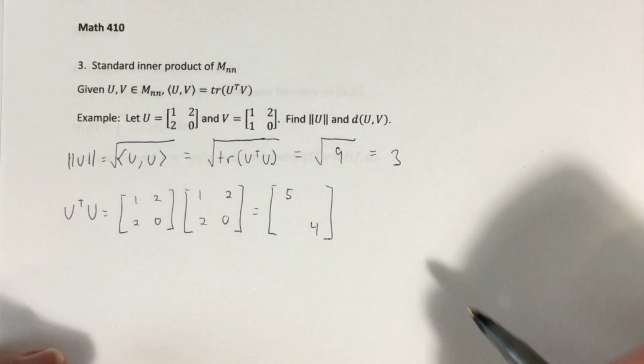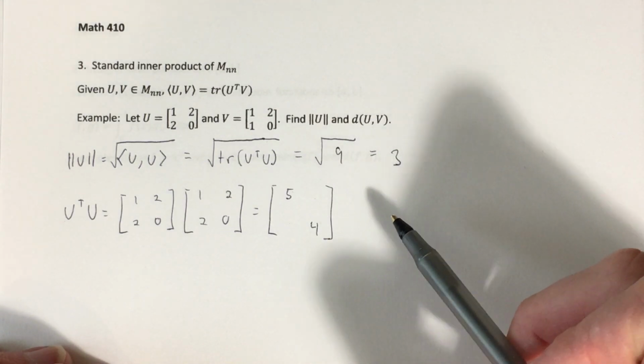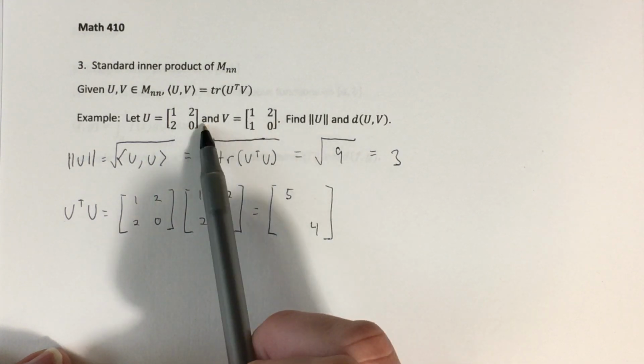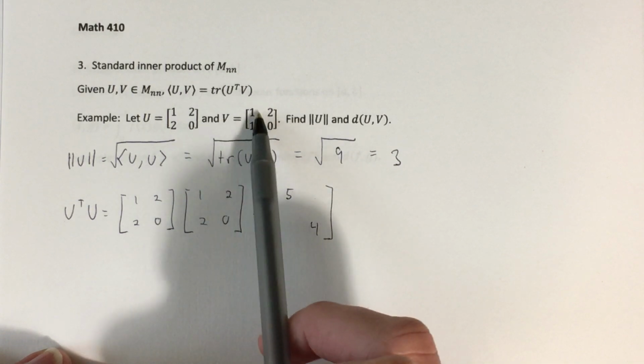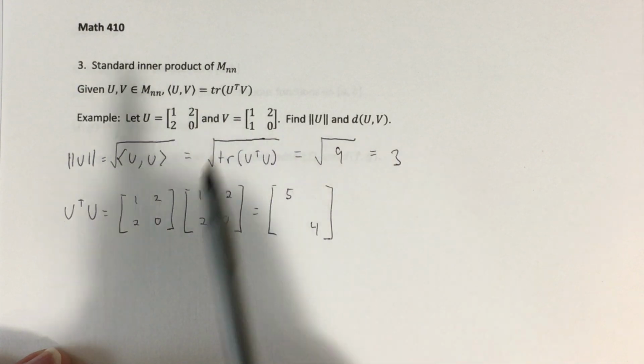Okay. And the next thing that we want to do is find the distance between matrices U and V. And if you notice the way that I selected these two matrices, U and V, they look very, very similar to each other. In fact, they only differ at one entry, and they differ by 1 there. Down here there's a 2, down here there's a 1.